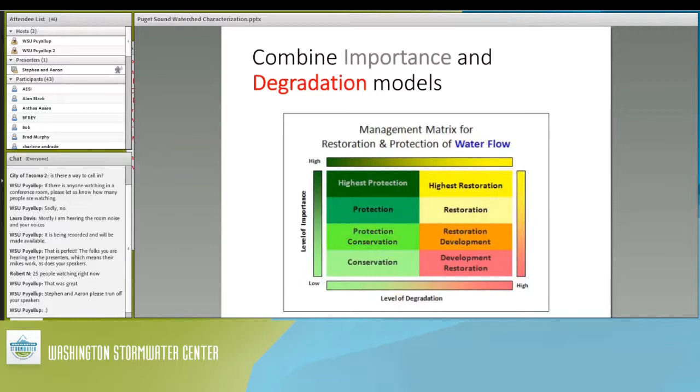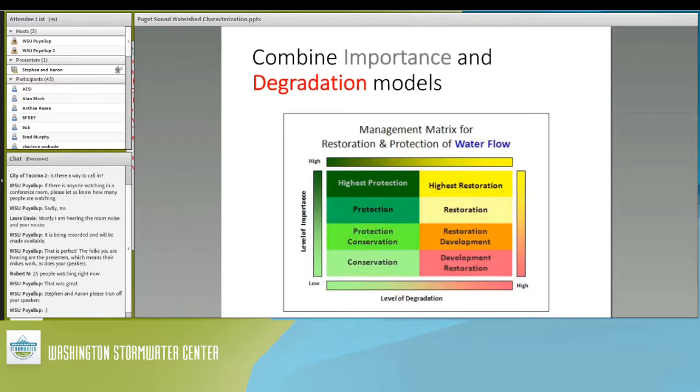So based on what we've seen in terms of reviewing restoration efforts, areas that have high importance and low level of alteration or degradation should receive the highest protection, because we just get more value out of that. There's less work in terms of whether you take a restoration approach in trying to bring those processes and functions back.